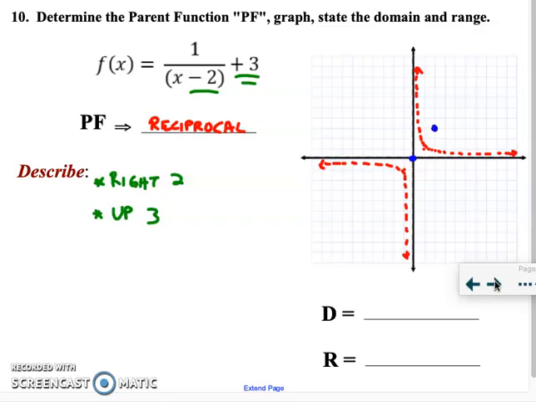So we need to think of it this way, that if the entire graph is moved right 2, up 3, that the asymptotes are actually going to be moved as well. So the horizontal asymptote is going to be moved up 3. The vertical asymptote is going to be moved right 2. Now, hopefully, we're still able to essentially keep track of what's actually happening here.